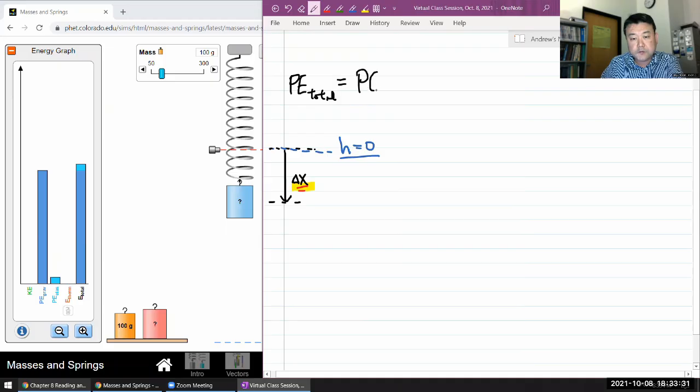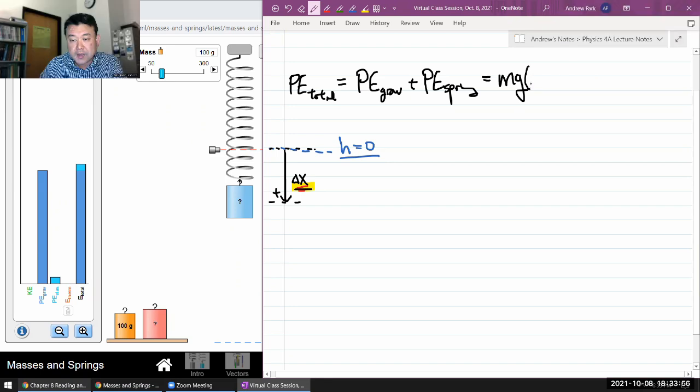That's going to be the sum of my gravitational potential energy and the spring potential energy. And I think I can write both of them in terms of this parameter delta x. Let me do that. So mg, and I'm going to make delta x so that this direction is positive, because that's where I'm stretching, elongating the spring. Mg times minus delta x plus 1/2 spring constant times delta x squared.